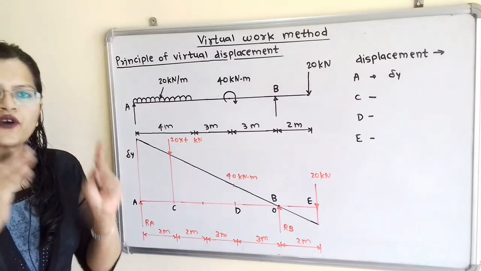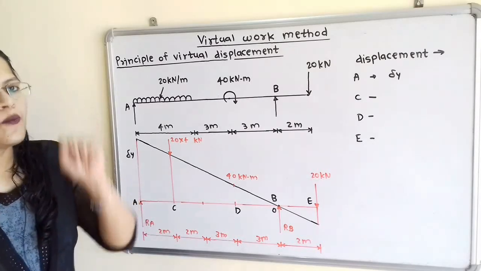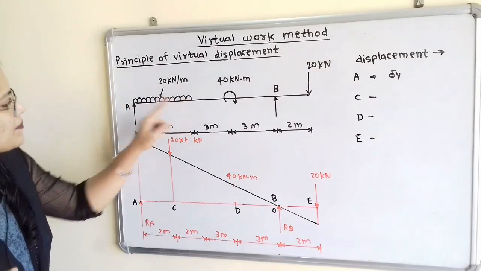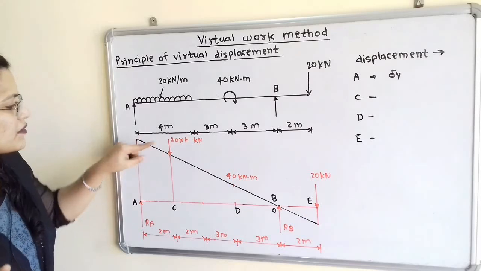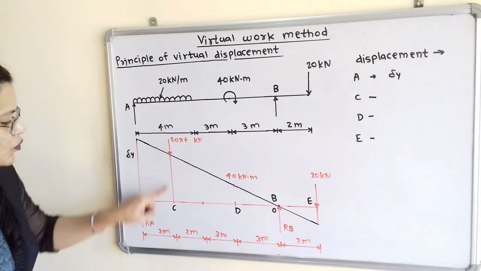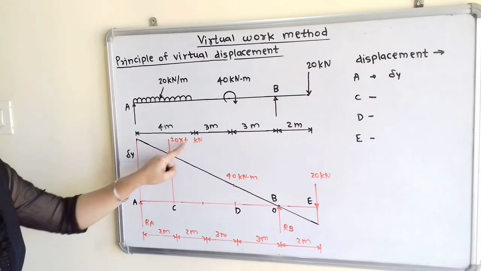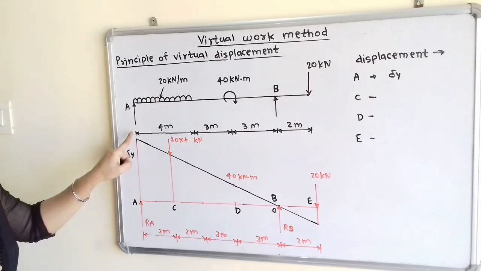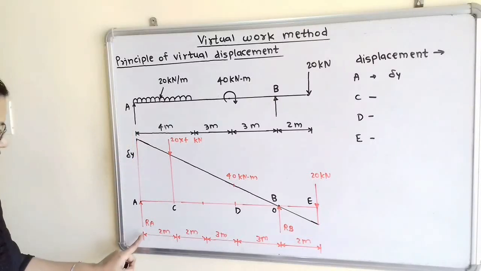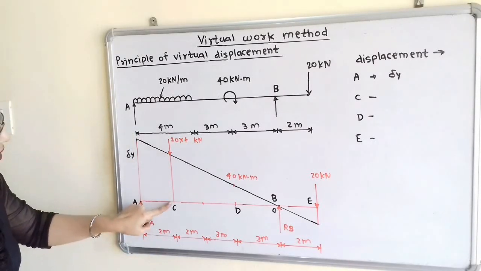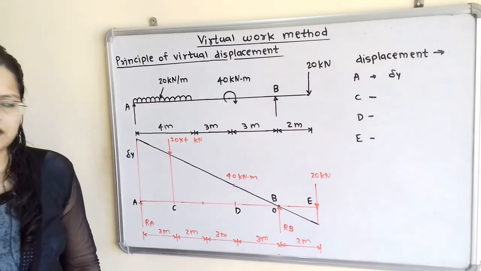We know that for the uniformly distributed load, the point of application of load is the middle point. So for 4 meter, the middle point is at 2 meter. So we will say that this point C, the point of application of this load, is at 2 meter from both the sides, that is from this point A it is 2 meter. So we have to find out the displacement at point C.